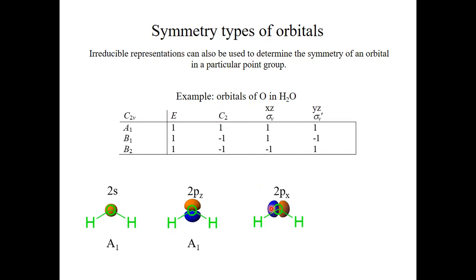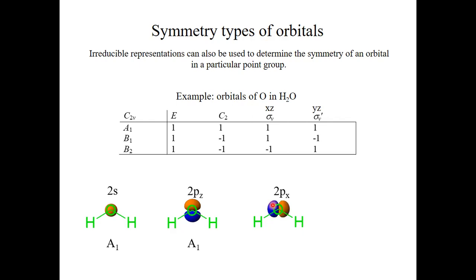Because as we carry out the symmetry operation, the left lobe of the orbital will move to the right, and the right one will move to the left, and the algebraic sign of the wave function changes.